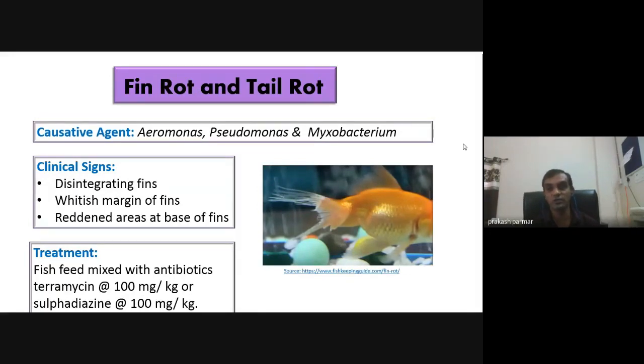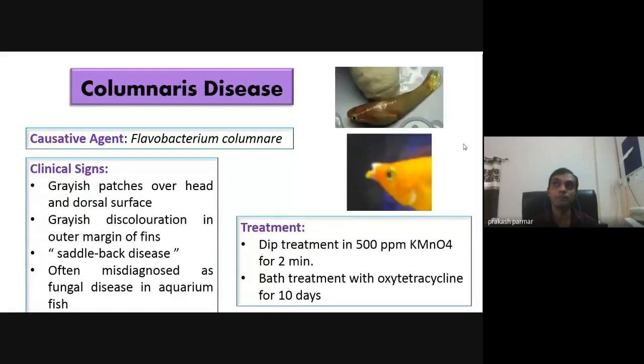Here we can observe distended, disintegrated fins, and at the base, tips and margins they become whitish, and the base of the fish fins becomes reddish in color. Here we can treat it with some antibiotics and disinfectants, commonly. The treatment can be done with feeding or with batch treatment.